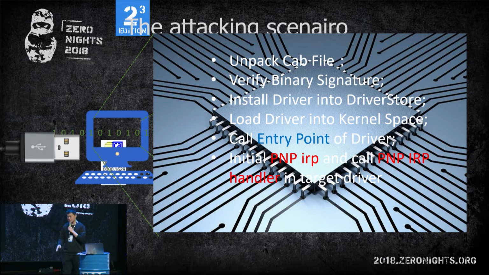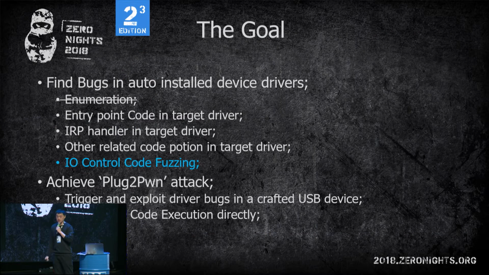As you can see, when we plug in a USB device, we trigger two kinds of code execution. The first is the entry point code execution, and the other is the corresponding IRP handler execution. So what we can do is try to find bugs in these two processes. And here is the goal.